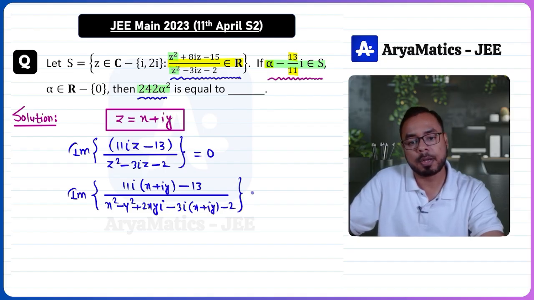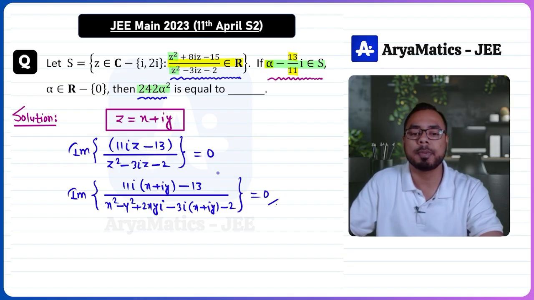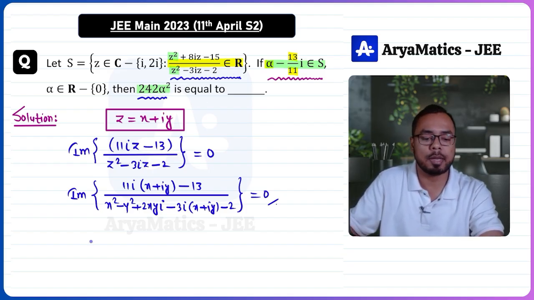This will be the denominator part, and again the imaginary part of this complex number will be 0 because the complex number is purely real.